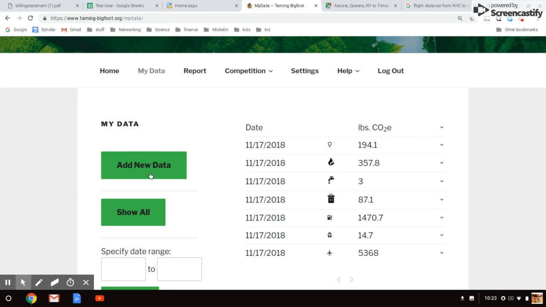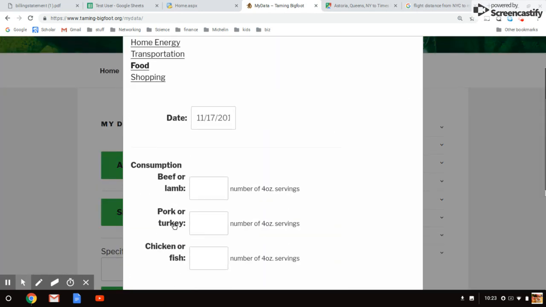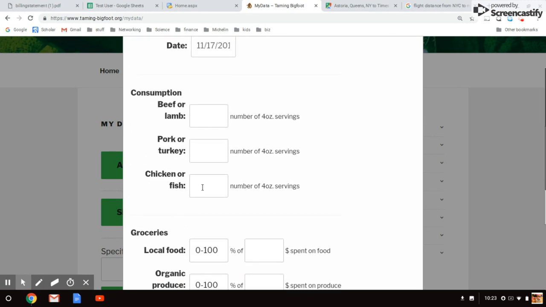Okay. Add new data. What is left? Food. I think a ballpark estimate is good enough over here. Beef or lamb, suppose they eat it 2 times per week, 4 servings to feed the whole family. That's 8 per week or 32 per month. Pork or turkey, 2 days per week. Again, 4 servings per meal. So that's again 32 per month.